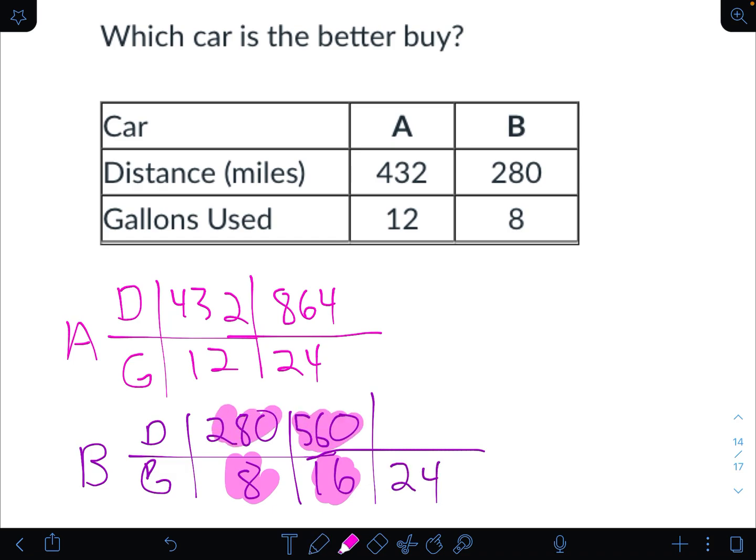So then you do 560 plus 280. That's if you don't want to triple it. That's 840. So which car goes further for the same amount of gas? Why, that would be car A.